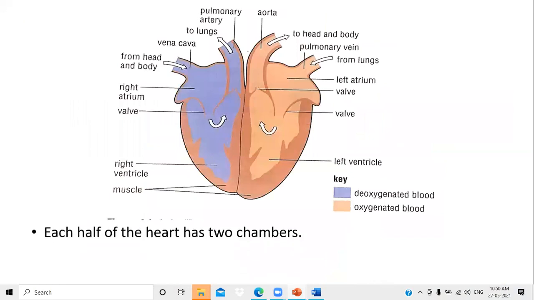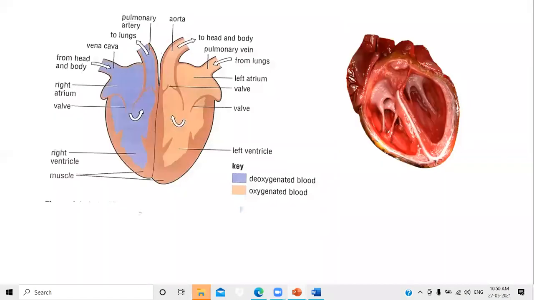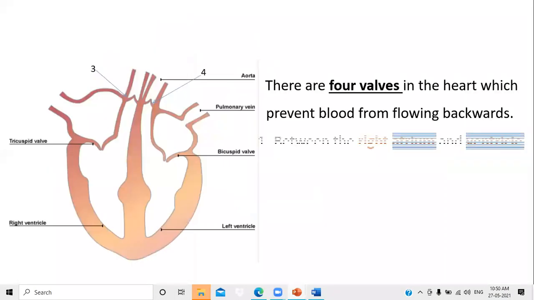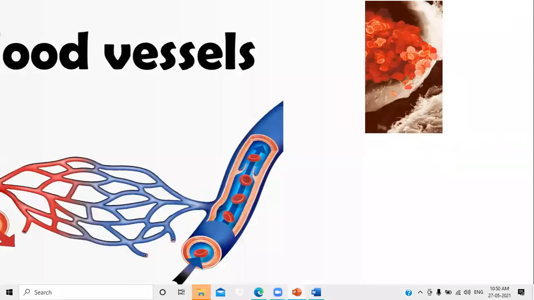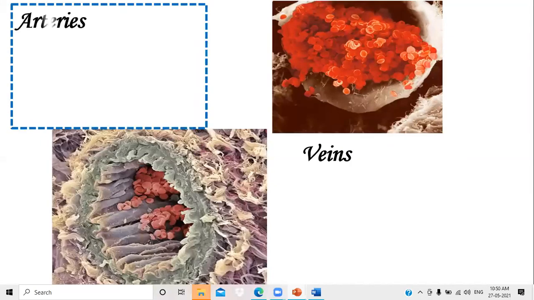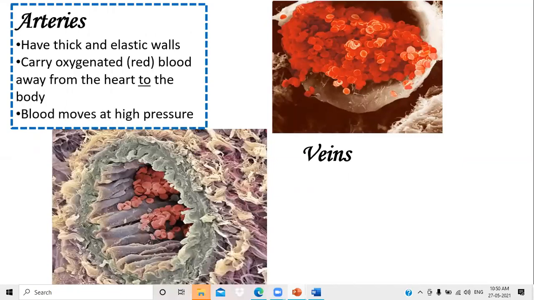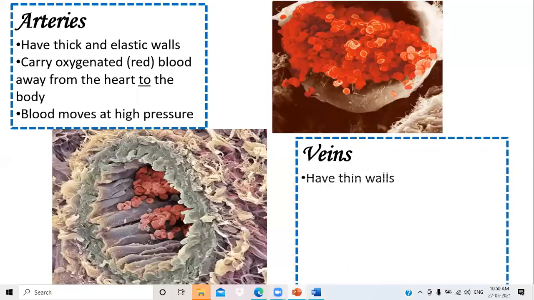Okay, all right. So now, do you get the blood vessels? Do you know the differences between them? You have three types: arteries, veins and capillaries. The arteries have thick and elastic walls. They carry oxygenated blood, and the blood moves inside them with high pressure. The veins have thin walls.